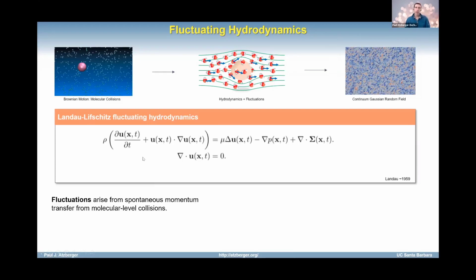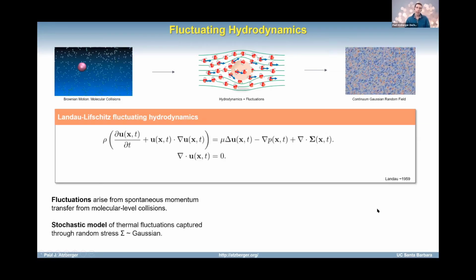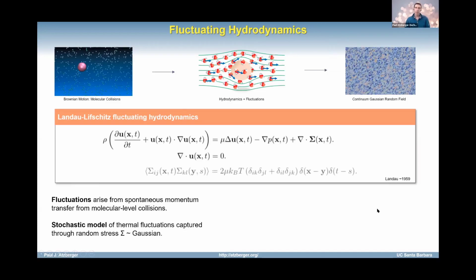The idea here was to take the usual Navier-Stokes equations, with the usual material derivative on the left, the Newtonian stress tensor, and the Lagrange multiplier for the incompressibility. And now the novel part that they introduced into the equations was the divergence of this random stress sigma. The idea is that they can capture the spontaneous momentum transfer through this random stress, and the random stress that they introduced is Gaussian with the following covariance structure.